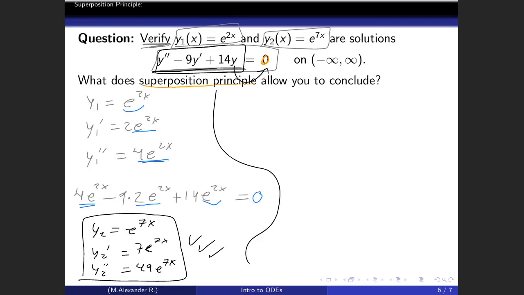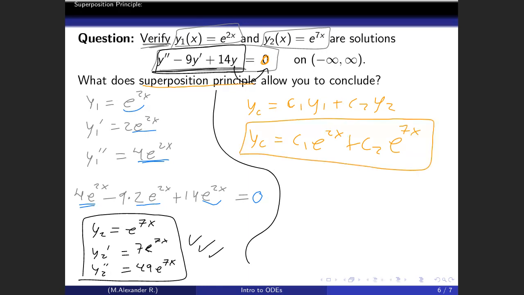And so the principle of superposition tells us that if we make the following combination, c1y1 plus c2y2, then this new function, which in this case is c1e to the 2x plus c2e to the 7x, where we are free to choose c1 and c2, so we have infinitely many choices, then for any c1, c2, this gold function will also be a solution to the homogeneous differential equation. That is what the principle of superposition is telling us.